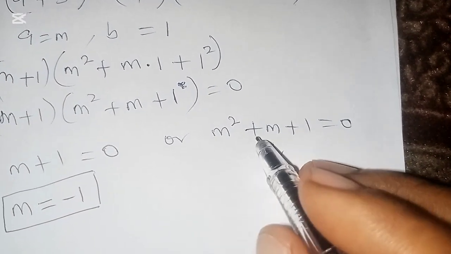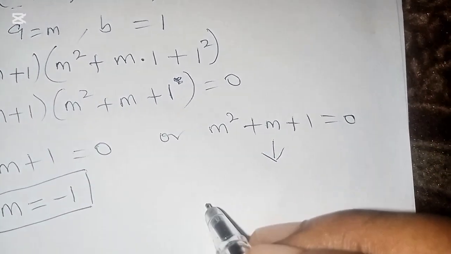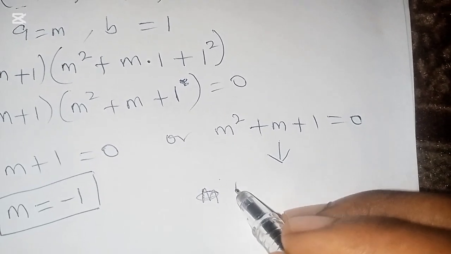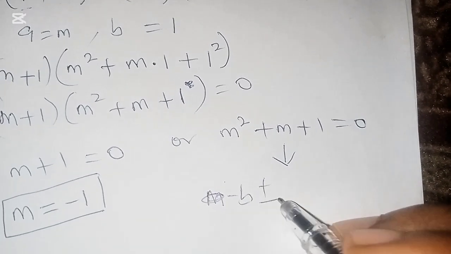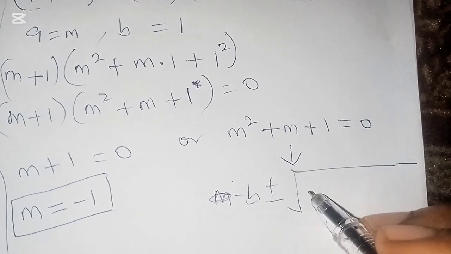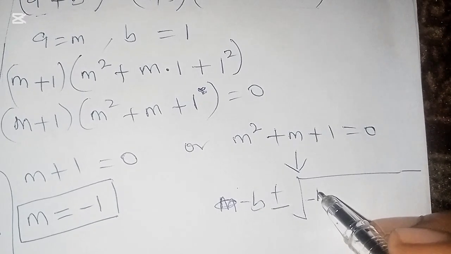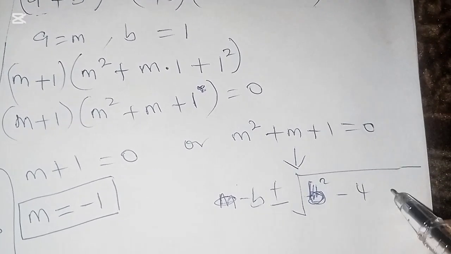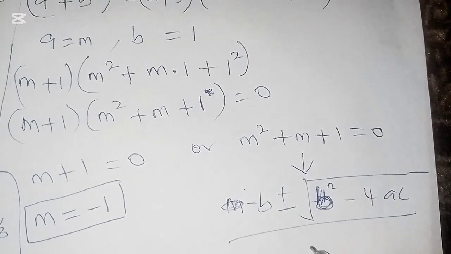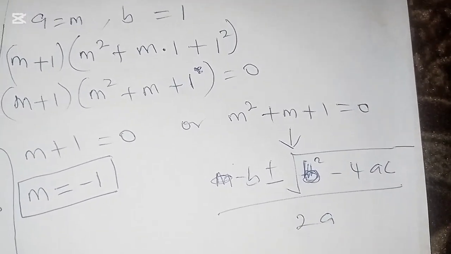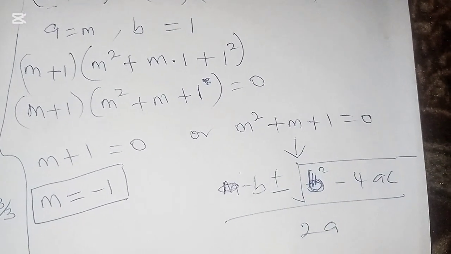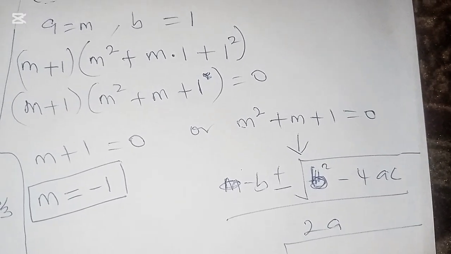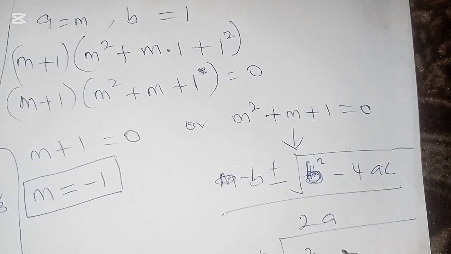Okay, so I will just solve it like that using the quadratic formula, just to prove to you that whatever we're going to get is going to be imaginary solutions, and we will not need that at all. So just let's flow. We're supposed to have m squared minus m plus 1.